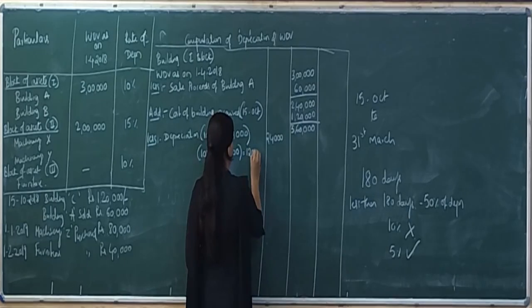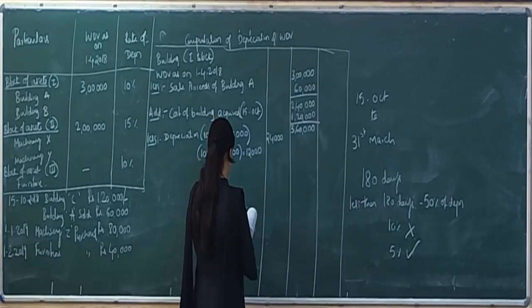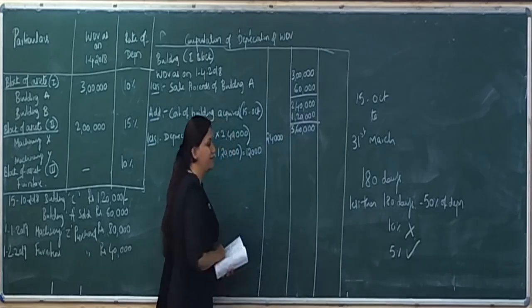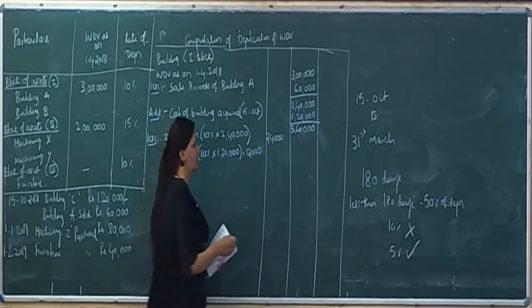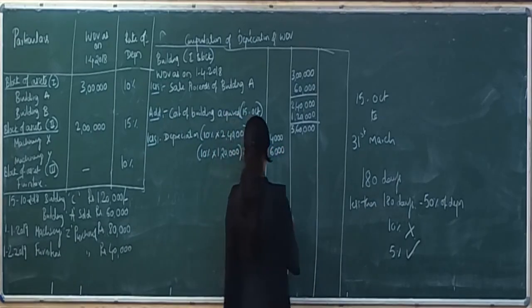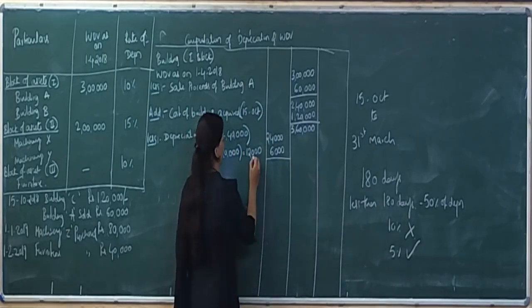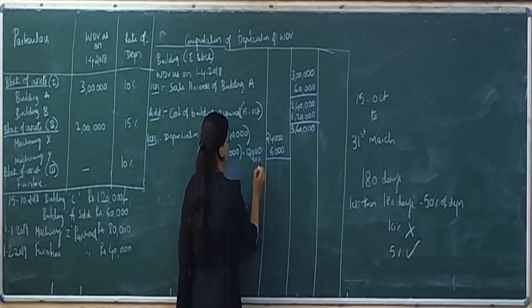So now here that comes to 12,000, right? So now 50% of it comes to 6,000. So how much here I will write? 50%.